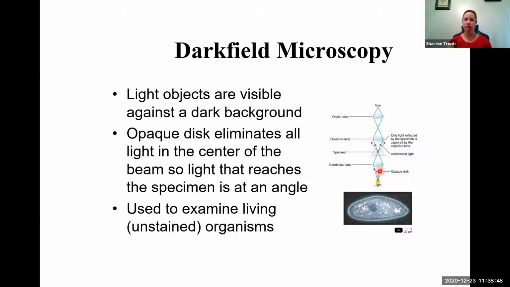So the only light that actually reaches the specimen is going to be light that's reached it at an angle. All right. So this allows us to examine living or unstained organisms. Anything that's stained is killed. The process of staining bacteria kills it. So unstained organisms are quite often living organisms.